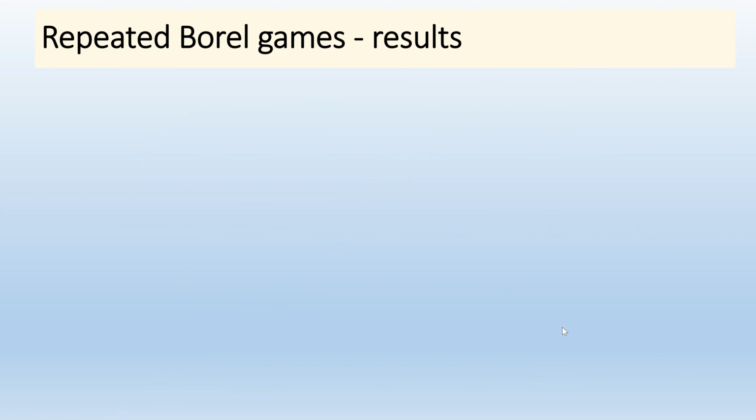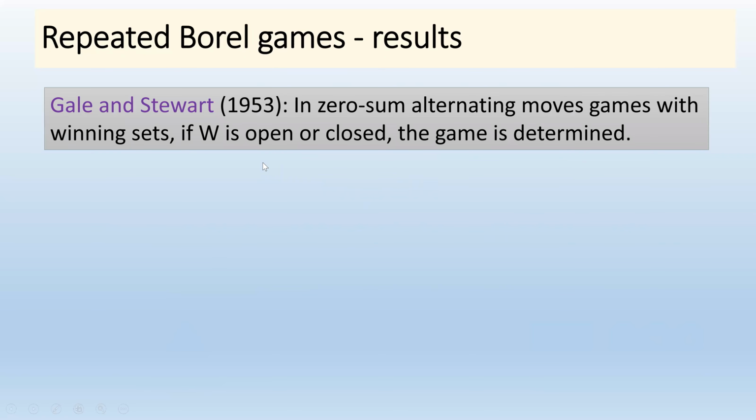You saw already several results that enable me to put the current work in context. Ron Peretz dedicated one slide in his talk to tell us about Gale and Stewart's result from '53.